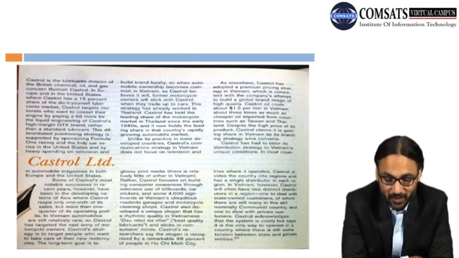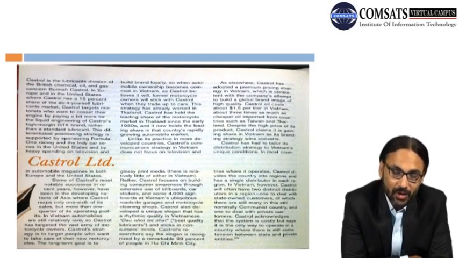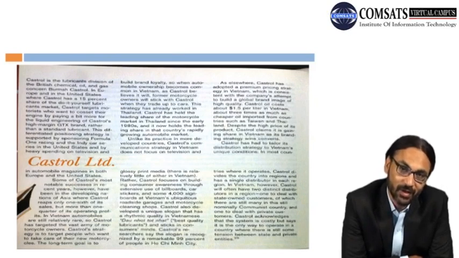Unlike its practices in more developed countries, Castrol's communication strategy in Vietnam doesn't focus on television and glossy print media. There is relatively little of either in Vietnam. In Vietnam they are not using the same marketing strategy because of the lack of print and electronic media.